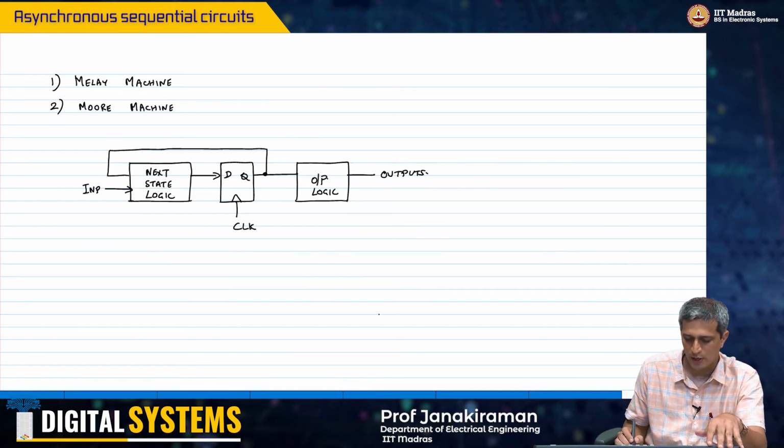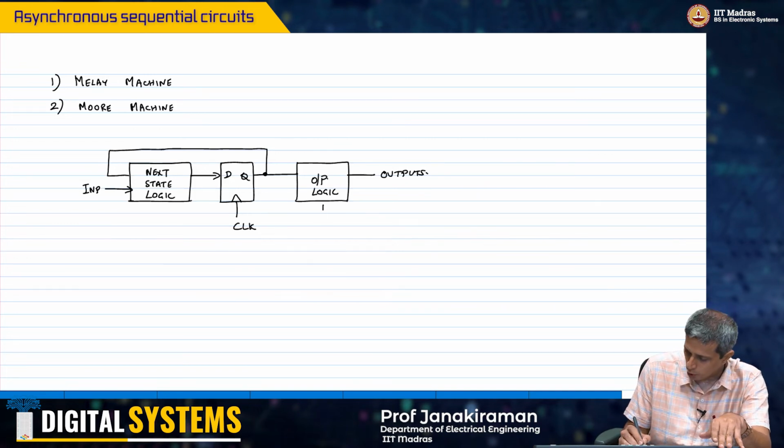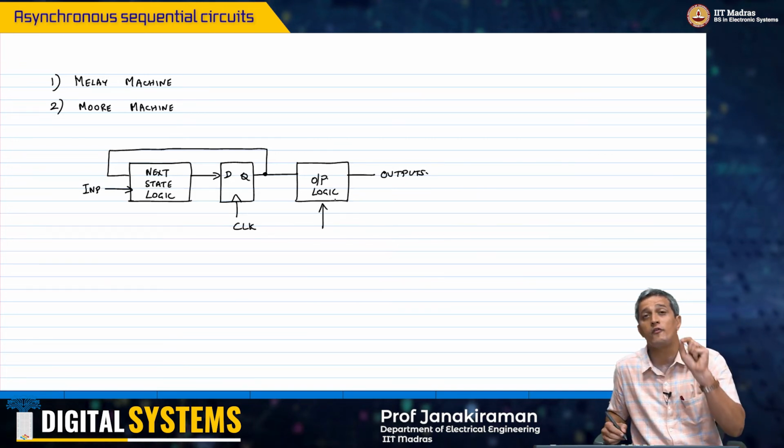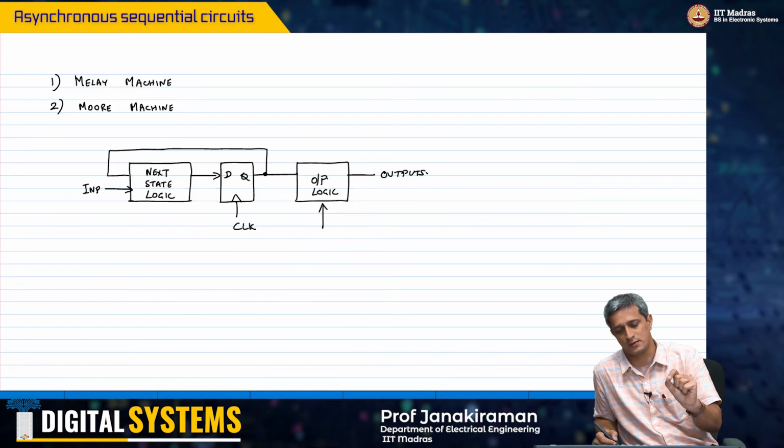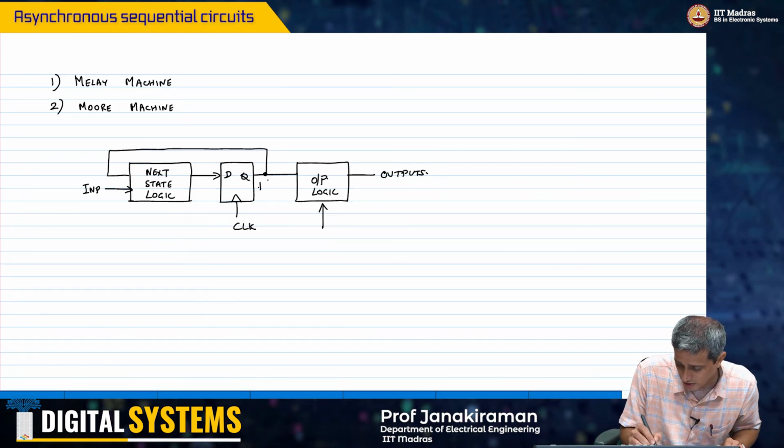So what is going to happen now is that if I have such a system, the output logic here is only a function of the states, right? These are my states, right? So this is basically the present state.